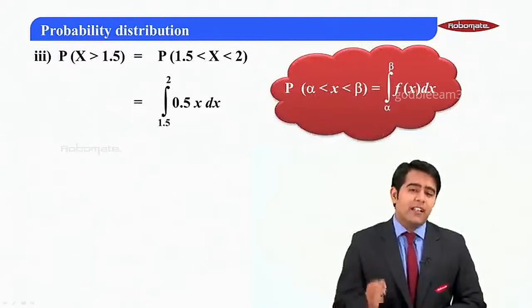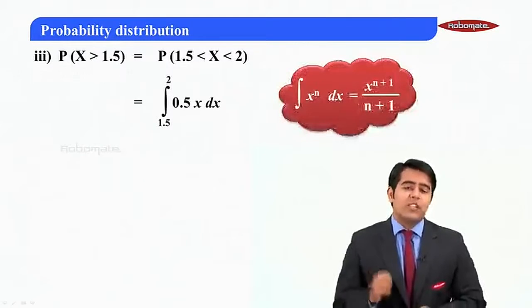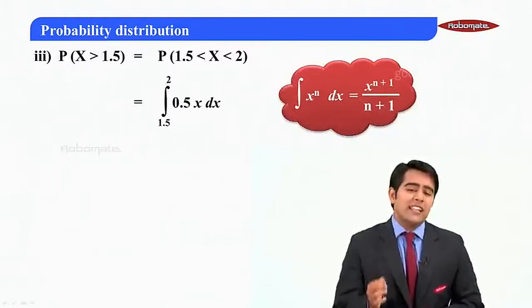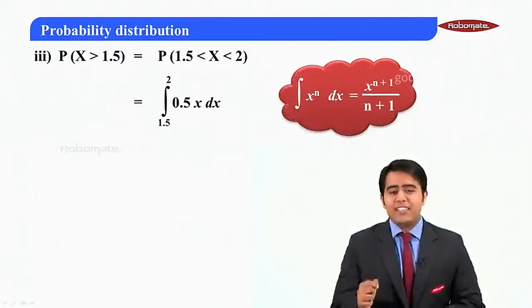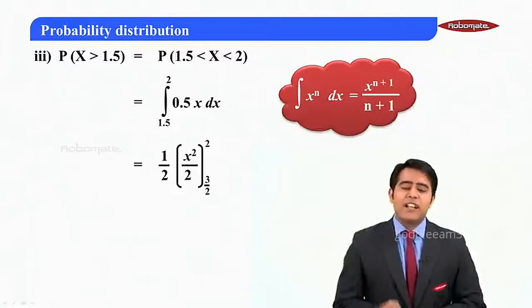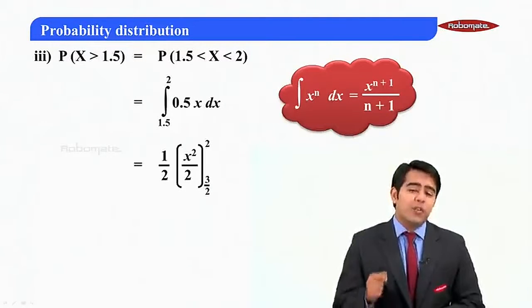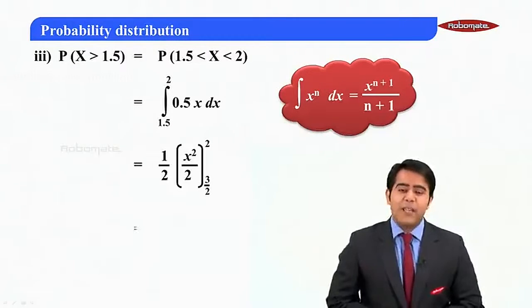The integral here will be from alpha to beta f of x dx using this relation. So the integral of x raised to n dx is simply equal to x raised to n plus 1 upon n plus 1. Substituting the values, I will get 1 upon 2 into x square upon 2 from 3 by 2 to 2, where 3 by 2 is nothing but 1.5.